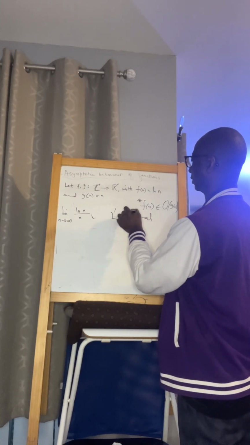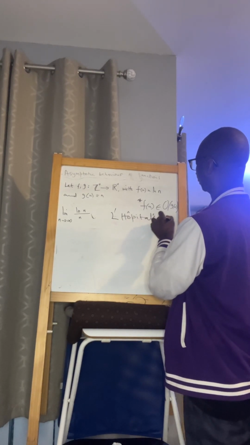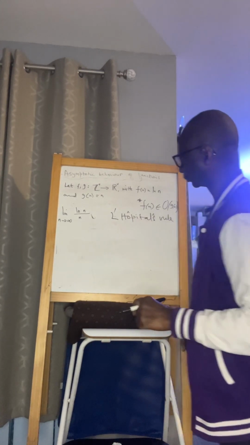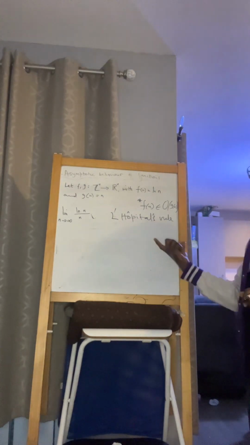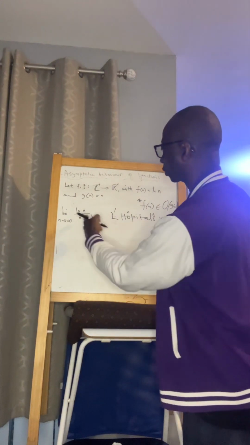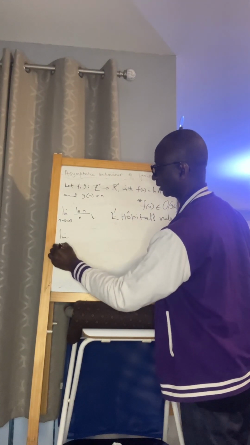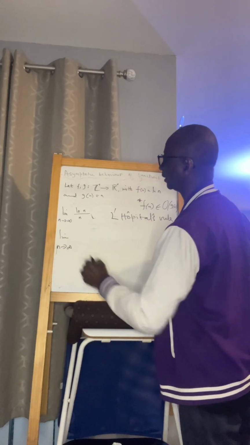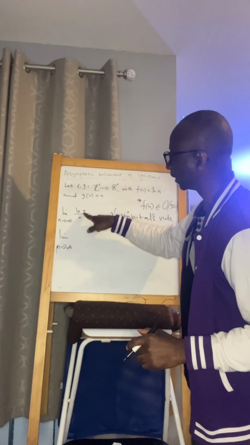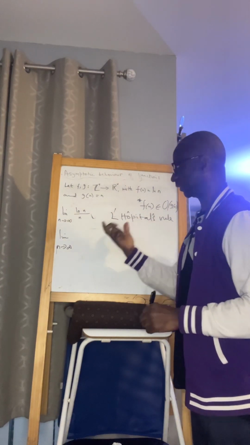L'Hopital's rule. This method, L'Hopital's rule, we will apply here. So now what that means, if you take this limit as n tends to infinity, you differentiate the ln of n, the natural logarithm of n, and you find the derivative.